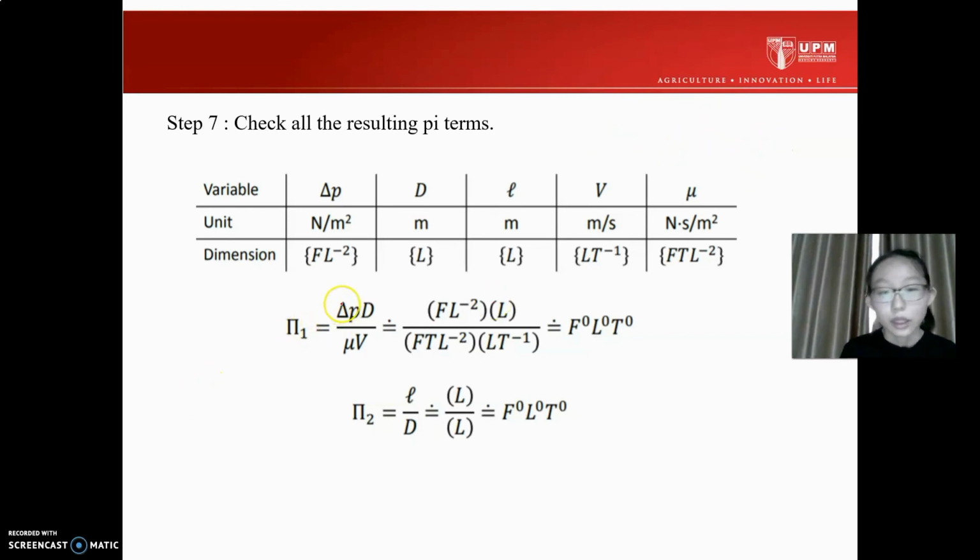So pressure drop times diameter over viscosity times velocity is equal to F L to the power of negative 2 times L over F T L to the power of negative 2 L T to the power of negative 1, which is equal to F0 L0 T0. And for the second one, length over D is equal to L over L, which is equal to F0 L0 T0.